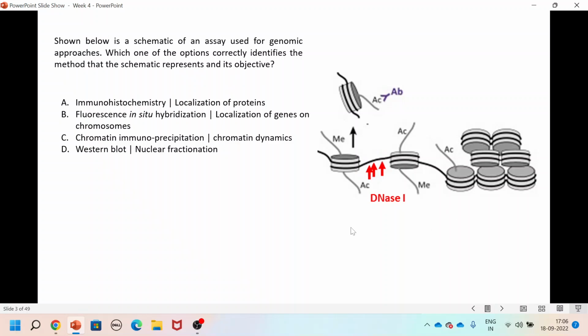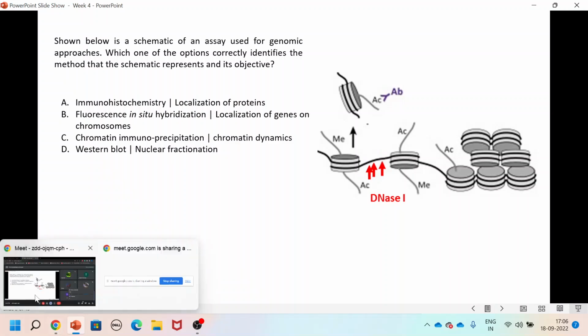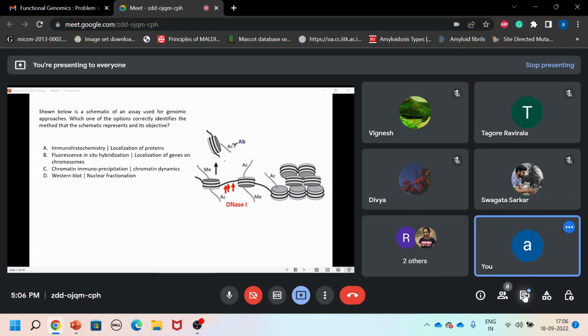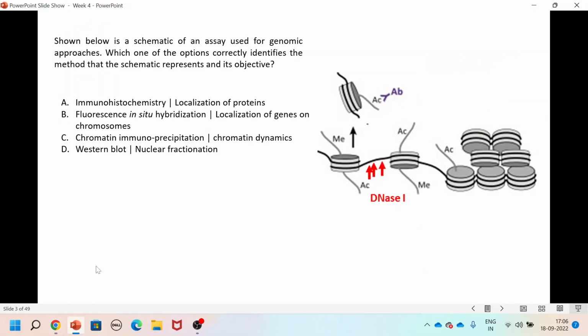Is it immunohistochemistry, which helps in identifying the localization of proteins; fluorescent in situ hybridization, which helps in identifying the localization of genes on the chromosome; chromatin immunoprecipitation, which helps in understanding chromatin dynamics; or Western blot, which helps in studying nuclear fractionation? This is very easy. Most of you have answered it. So it is option C, as you correctly answered.